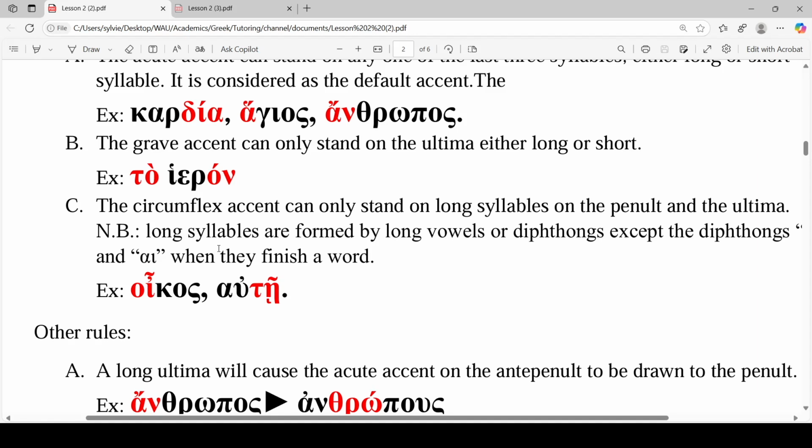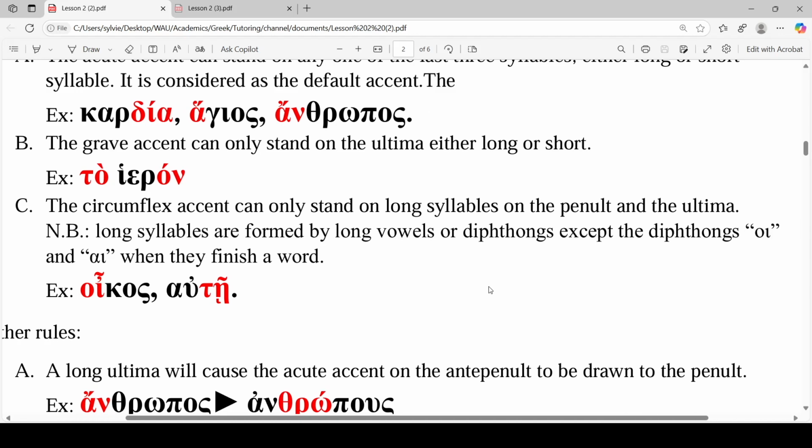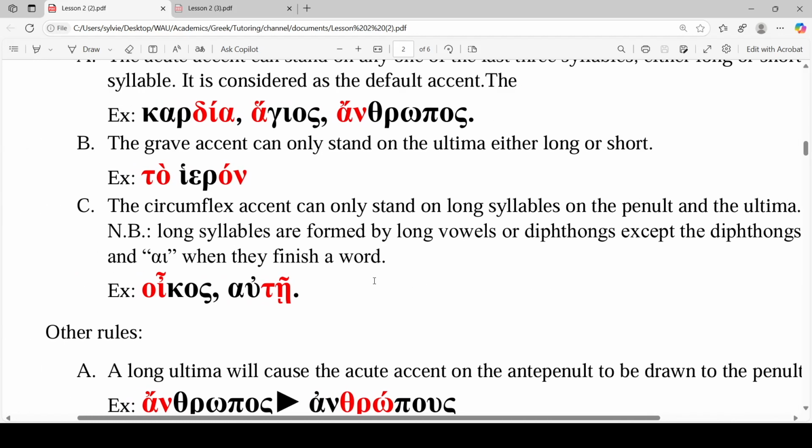Well, long syllables are syllables that are formed by long vowels and are diphthongs, except the diphthongs ai, oi when they finish a word. That means any syllable that has a long vowel will be considered a long syllable.